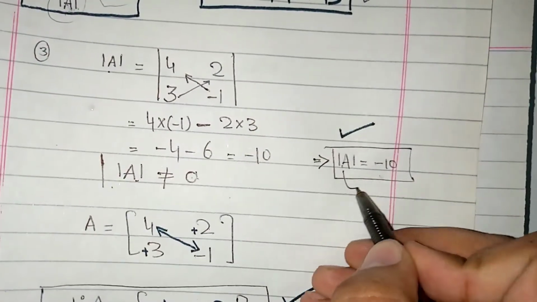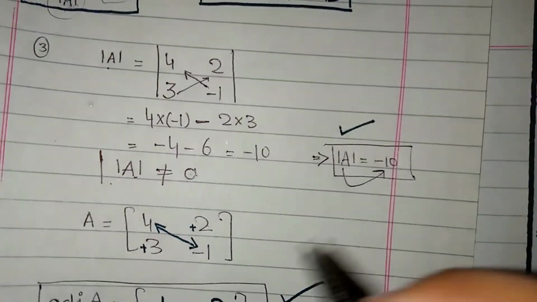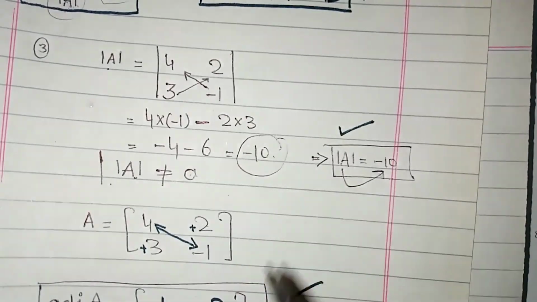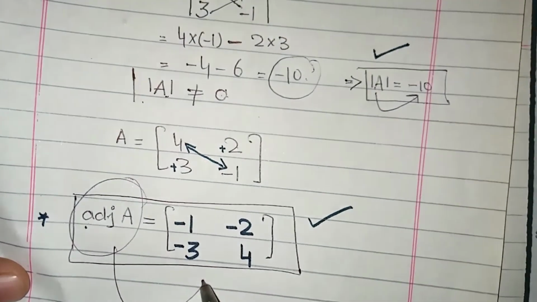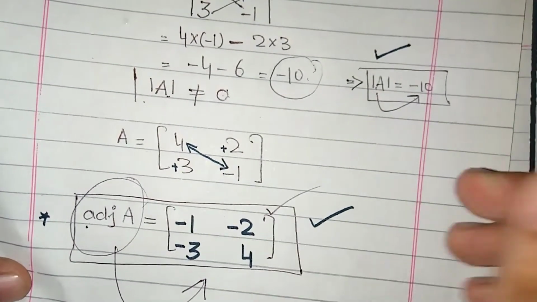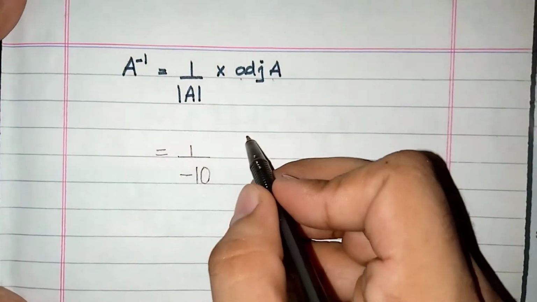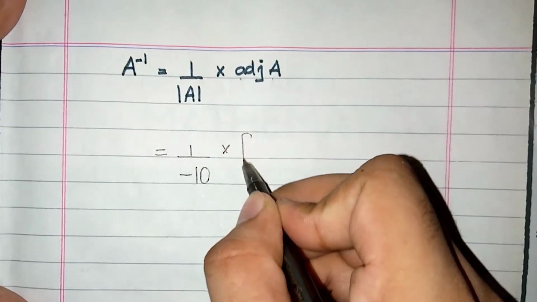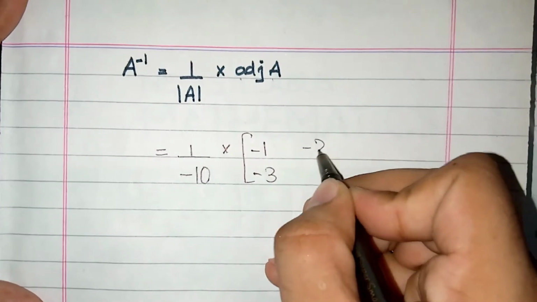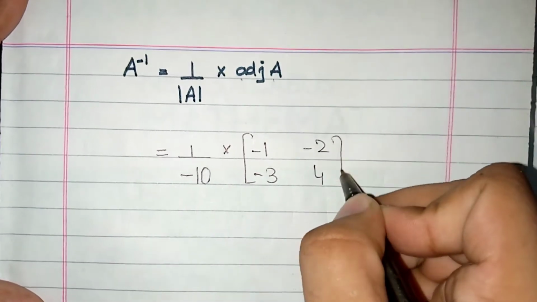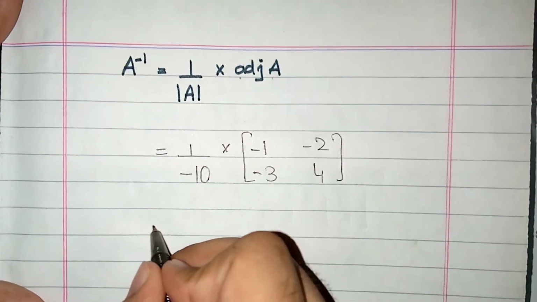The determinant of A is negative 10. Here we find it. And the value of adjoint of A is this. So this value is now put here times adjoint of A, which is negative 1, negative 3, negative 2 and positive 4, and close the square bracket.